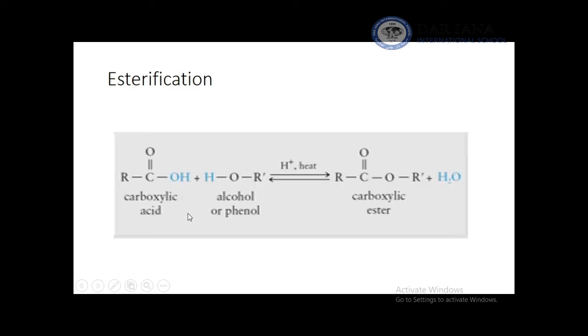Let's take a look at esterification. Esterification is the process of forming an ester linkage between a carboxylic acid and an alcohol. So this is the reaction here that leads to a carboxylic ester, or an ester.